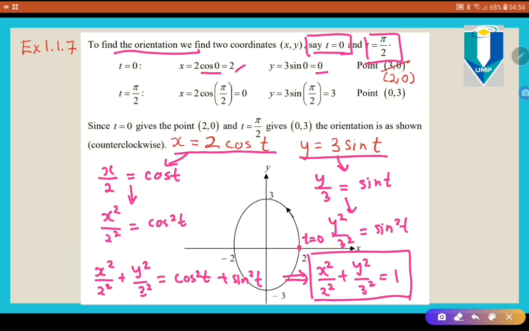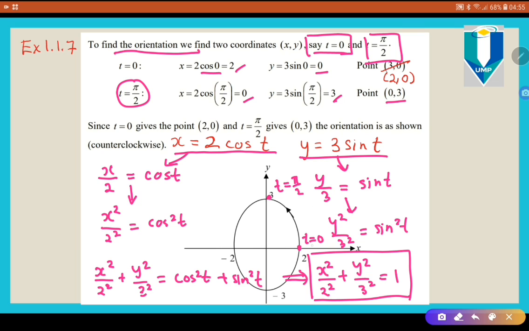When t equivalent to pi over 2, cos pi over 2 is 0, so x is equivalent to 0. And sin pi over 2 is 1, so you get y equivalent to 3. So the point is (0, 3). So this point at (0, 3) is when t equivalent to pi over 2.